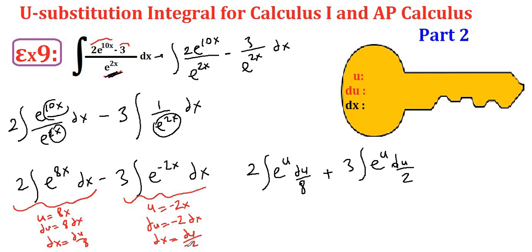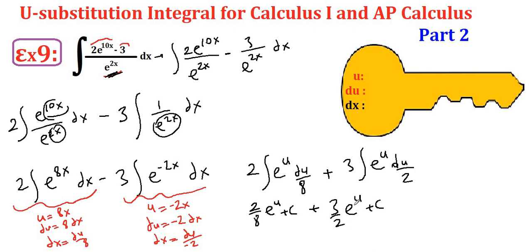So this negative 2 we pull in front of the integral sign, and we have another negative here, so negative times negative becomes positive. Now if we rewrite everything, we have 2 over 8, and the antiderivative of e to the u is e to the u plus c. And here we have 3 over 2, and if you take the antiderivative of this, it's e to the u plus c.